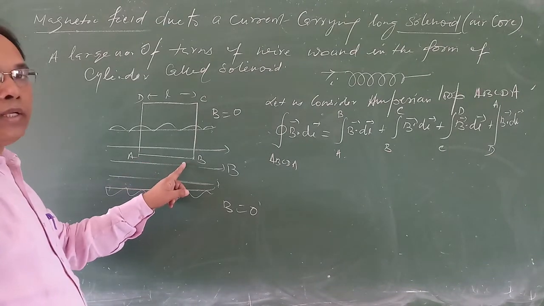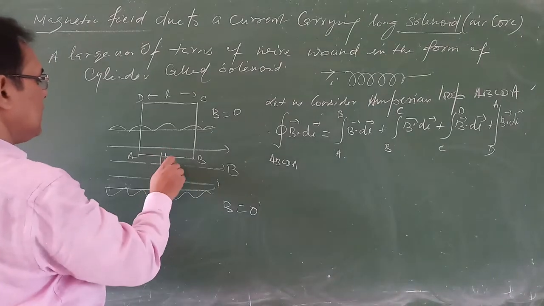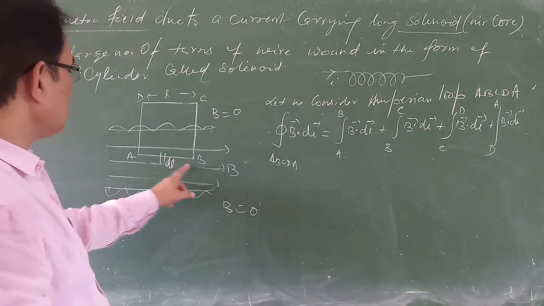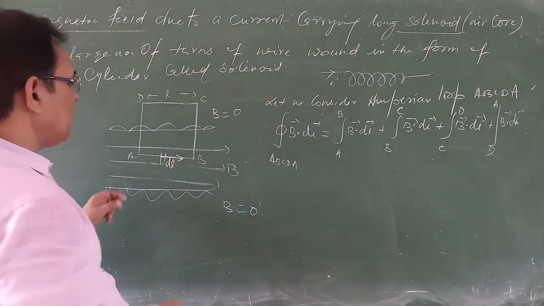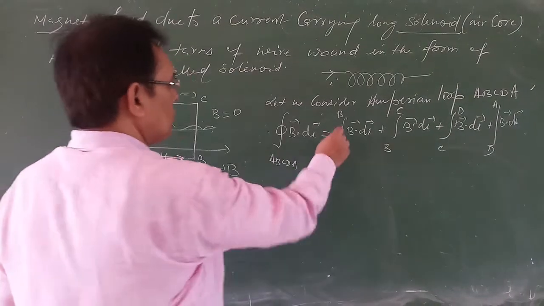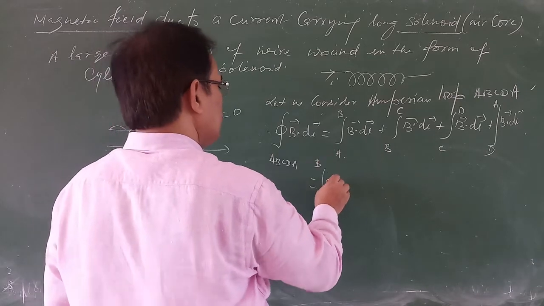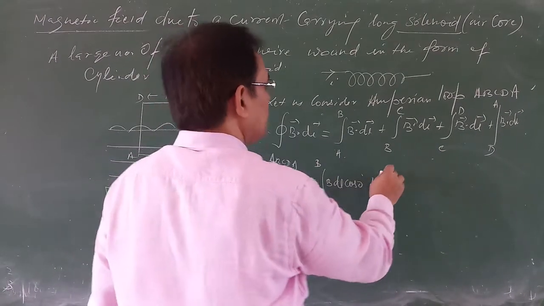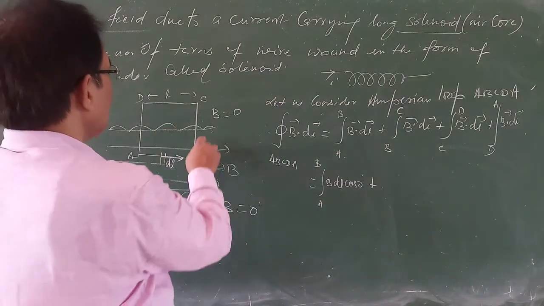Now see here A to B. This side is inside the magnetic field. So suppose here is the dl. The magnetic field is in this direction and the current element is also in this direction, so both make an angle of 0 degree. So for A to B, you can write B dl cos 0 degree, plus B to C. B to C is perpendicular to the magnetic field.